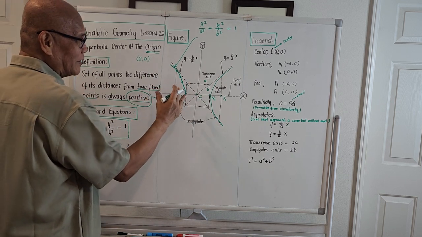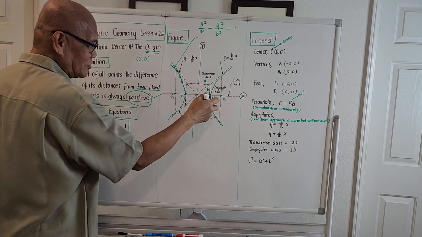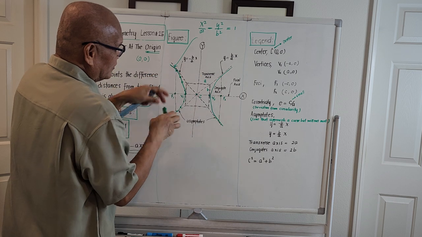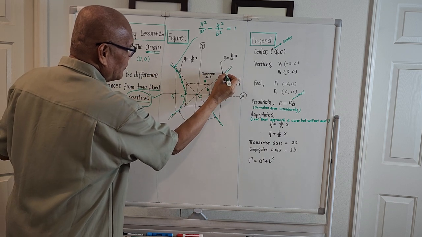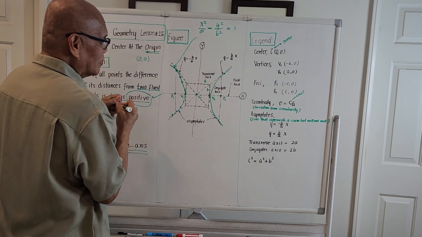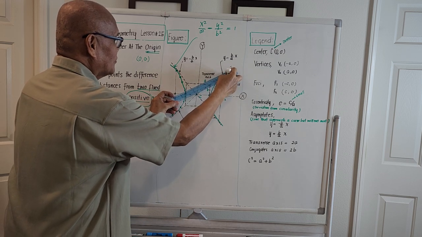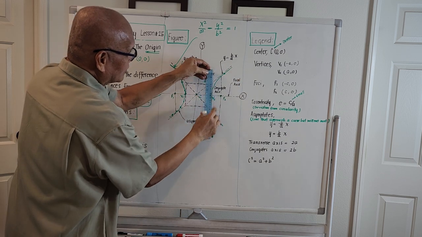If you go to the right-hand side, it will still be the same difference. If this is the point, the longer distance will be this one here, from this to the point, and the shorter distance will be this one.